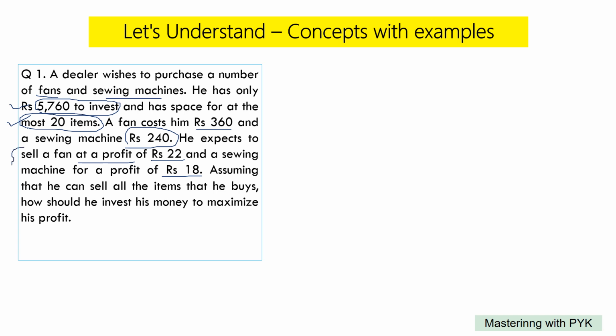His objective is to maximize the profit. Assuming he can sell all the items that he buys, how should he invest his money to maximize his profit? His investment is a boundary condition, space is a boundary condition, cost is a boundary condition, and these two profits are his objective. We have to express this as an LPP, that is, a linear programming problem.